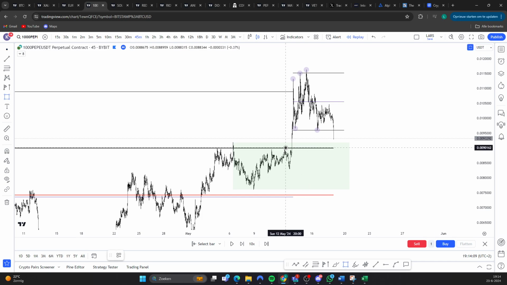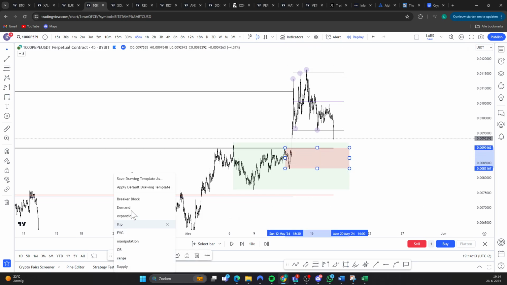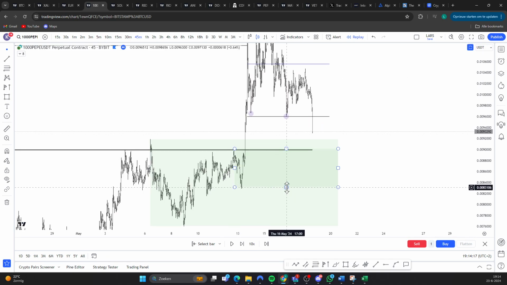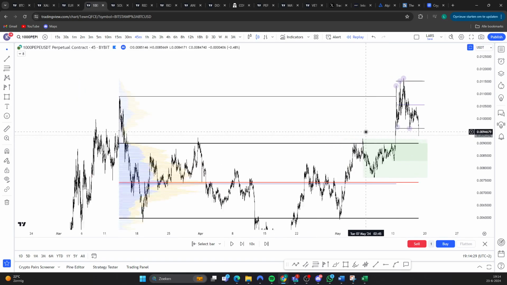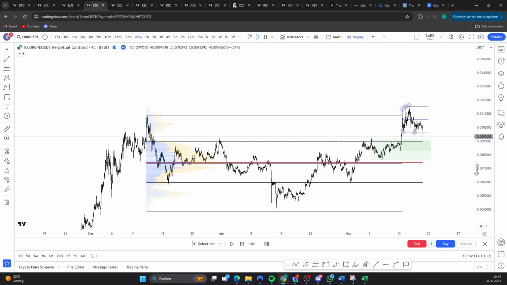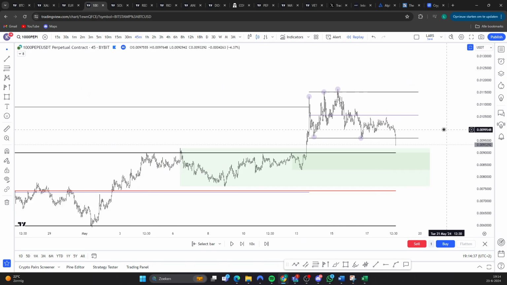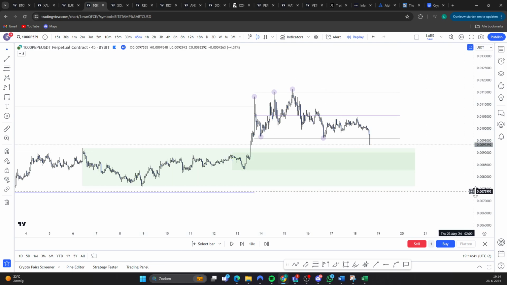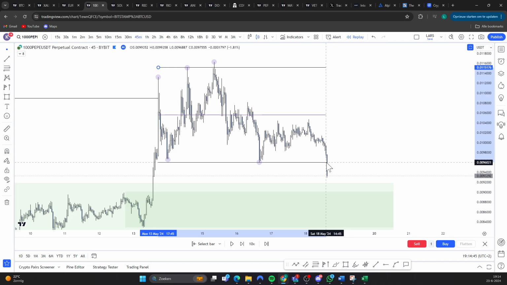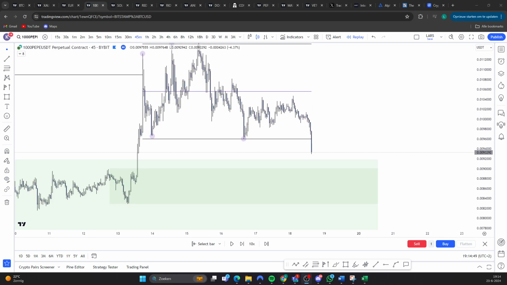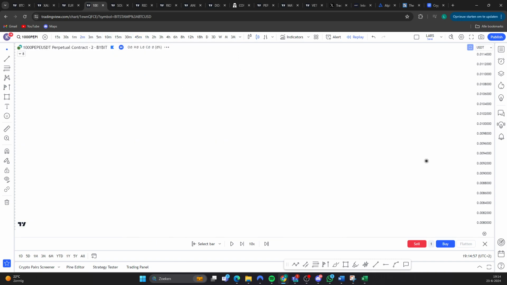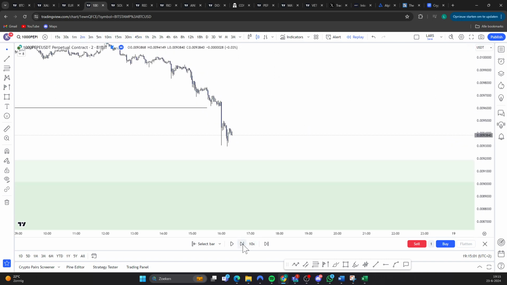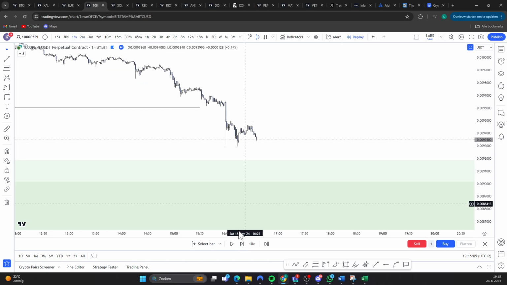Especially this more refined demand zone, which is directly backed by this darker green box shown on the chart. This is all on the weekend.